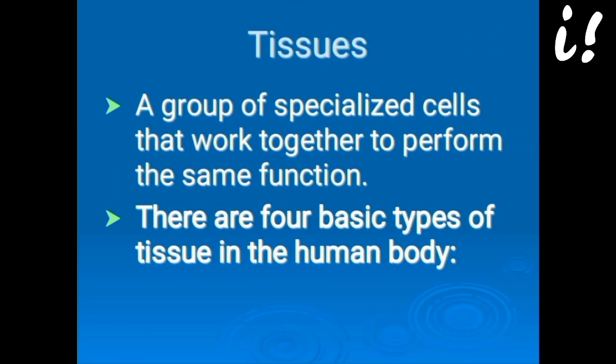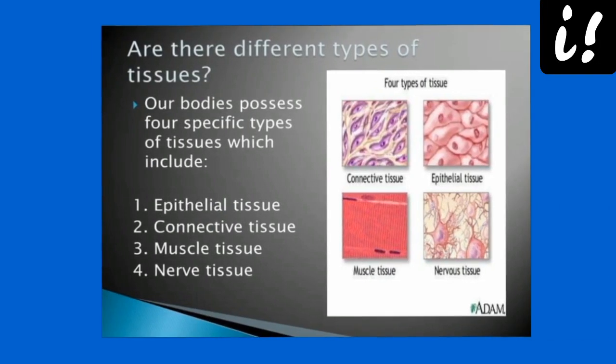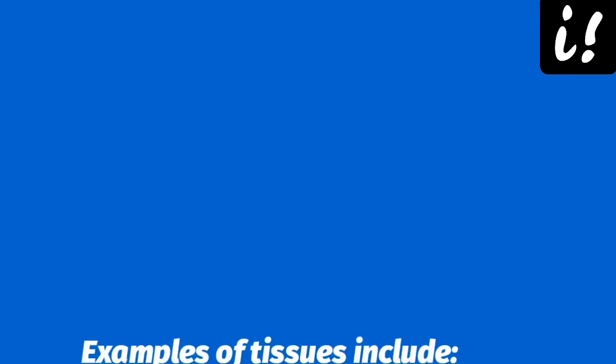A tissue is a group of specialized cells that perform the same function. There are 4 basic types of tissues in the human body: the epithelial tissue, the connective tissue, the muscular tissue, and the nerve tissue.